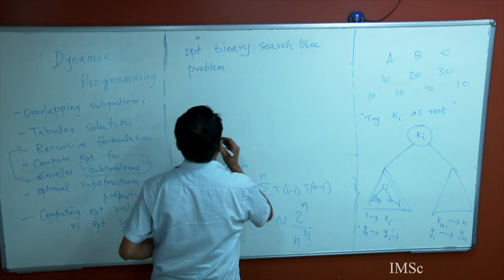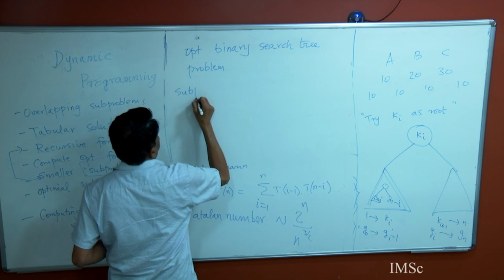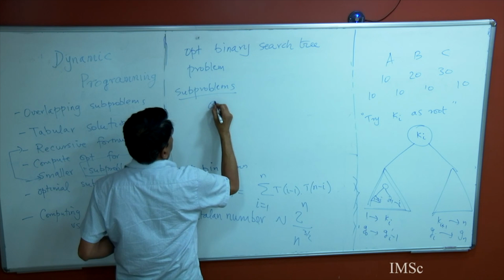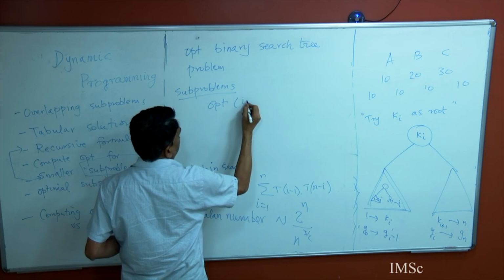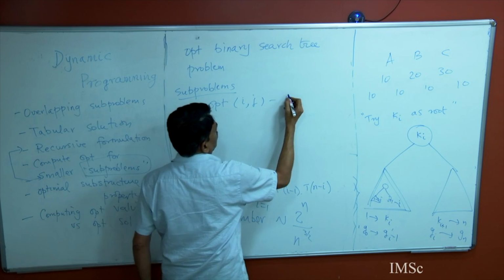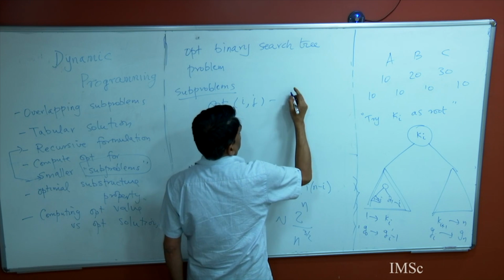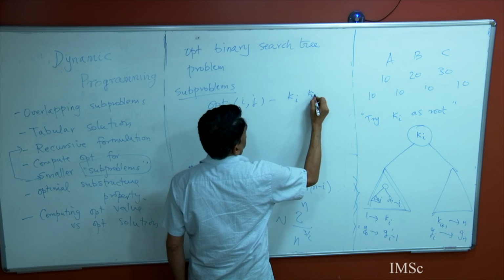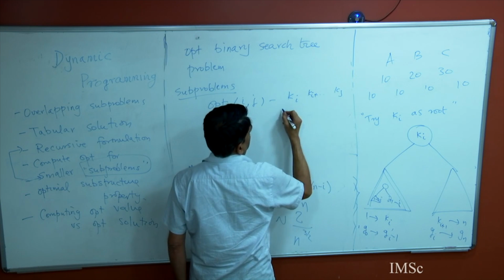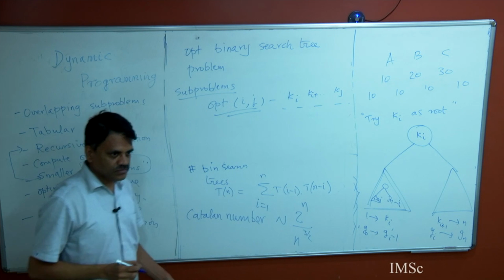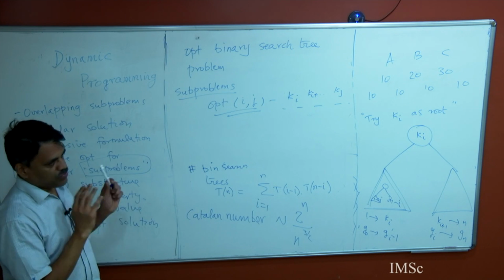So, basically the subproblems are opt i to j, for your g_i or k_i, k_{i+1} to k_j and the corresponding gaps, compute this for opt ij. Okay. So, that is the subproblems.